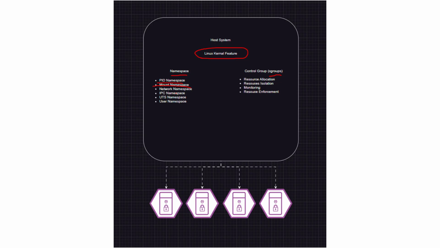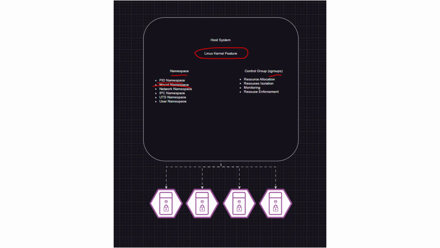Mount namespace enables the creation of container file systems within their own root file system, isolating the host from the container's file system. When you log in to your container, which I will show you how to do, you will see a completely different root file system from /. That is only possible because of the mount namespace.